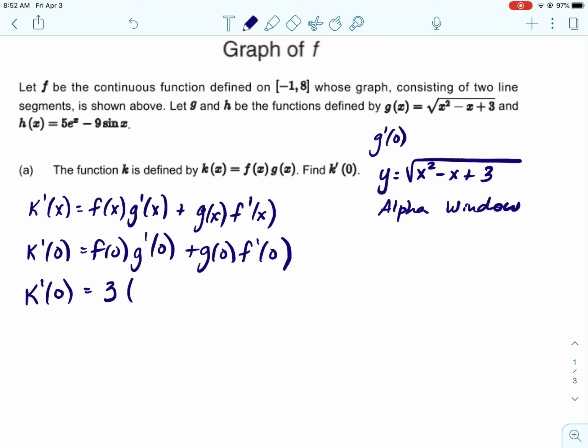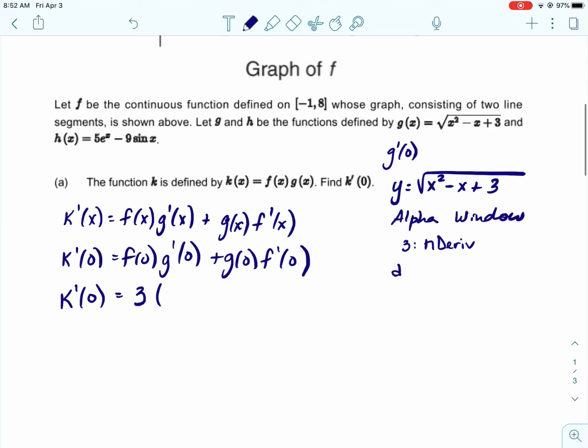Okay. Then go ahead and quit out of there, and anytime we want to use the derivative on the calculator, we do alpha window. And the derivative is number 3. Okay, so you get something that looks like this.